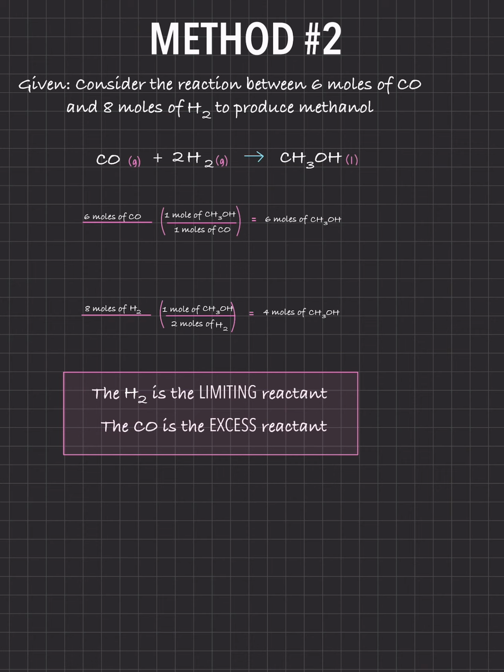I'm taking my reactant and seeing how much product that reactant would produce. Since I know I'm only going to produce 6 moles with 6 moles of CO and 4 moles with 8 moles of H2, then I know that 4 moles is less, and that is how much product I'm going to be making.